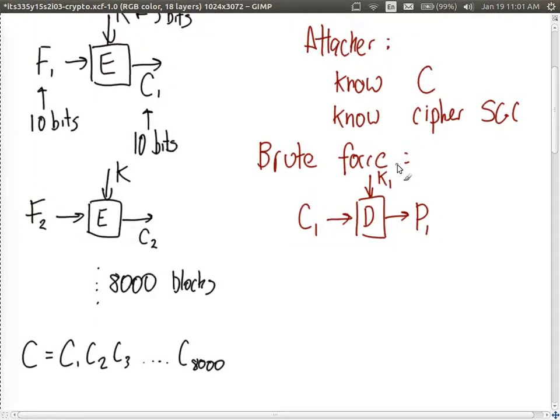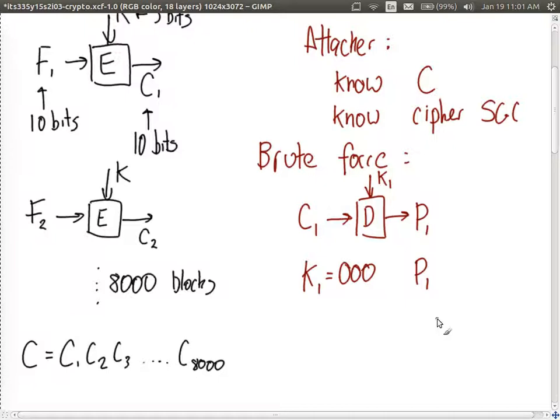The first value of key 1 they may try, let's say key 1 is equal to, with a 3-bit value, 0, 0, 0. And when they decrypt, they get plaintext P1, whatever the value is. I haven't shown the value of the ciphertext and plaintext, but let's denote it as P1, the first potential plaintext.